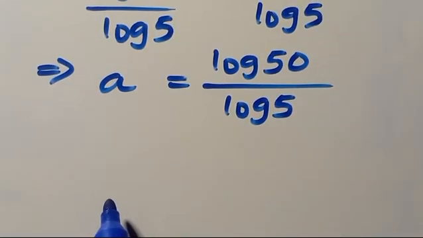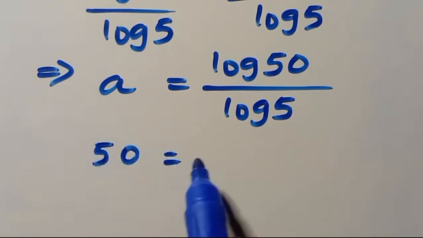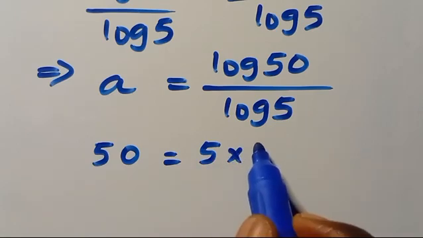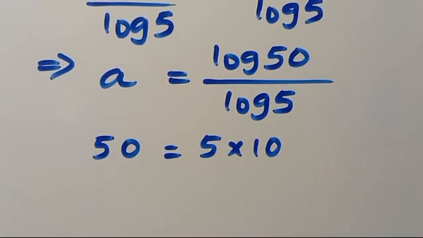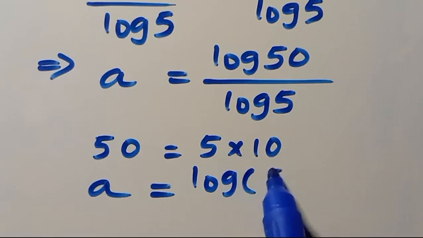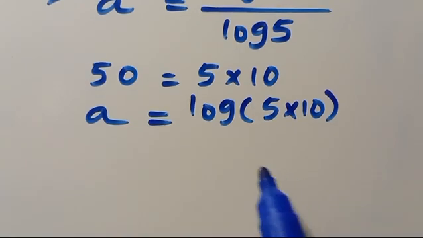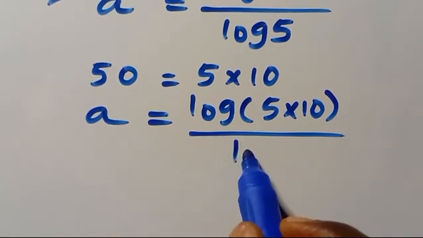Then let us recall that we can have 50 as the product of 5 times 10. So from here we have a equals log, open parenthesis, 5 times 10, over log 5.